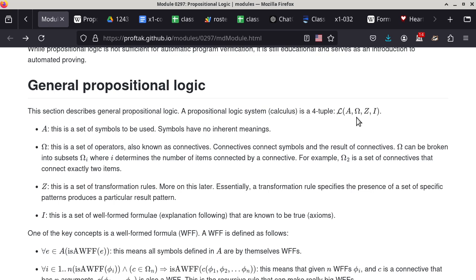So you have to give it the right number of operands, and each operand by itself also needs to be well formed in order for the entire expression to be well formed. And to start, because we have to start somewhere, everything in alpha is automatically well formed. So that's how we can define what is syntactically correct, and there's an infinite number of syntactically correct expressions. Is that okay?